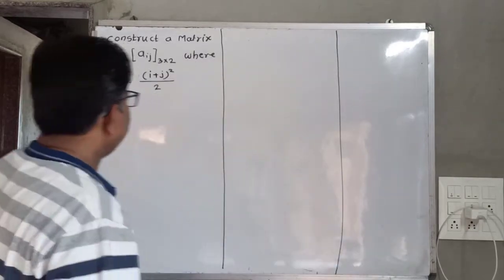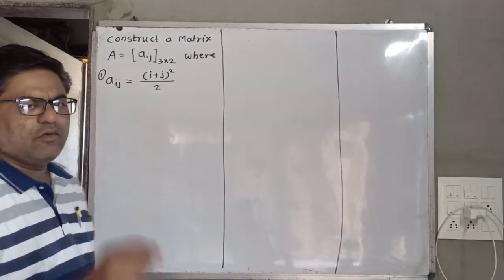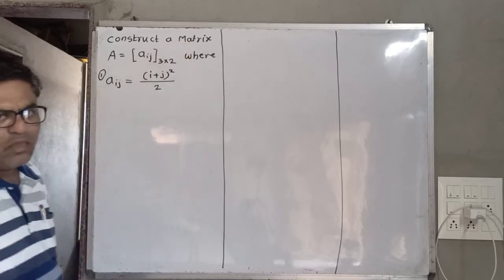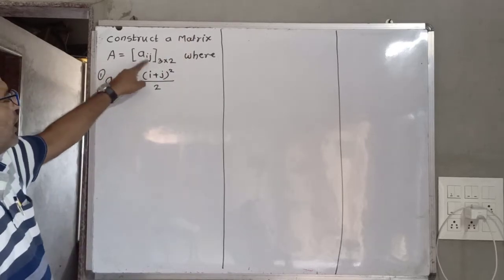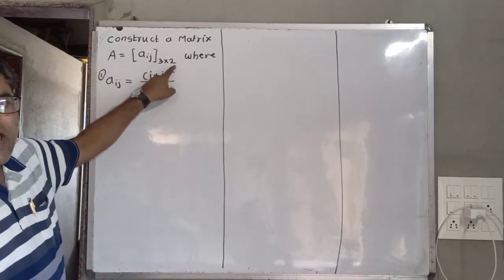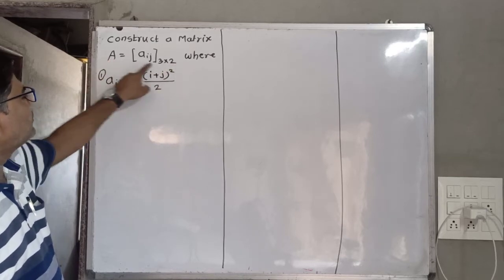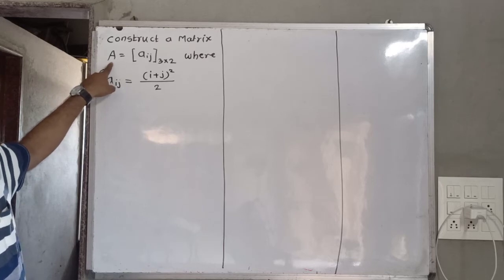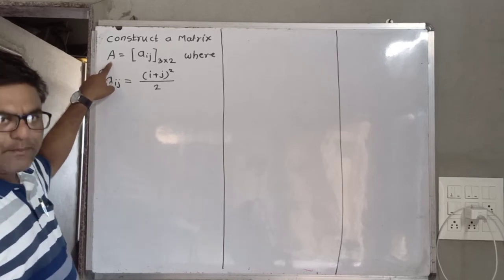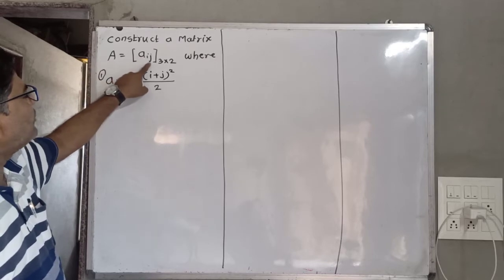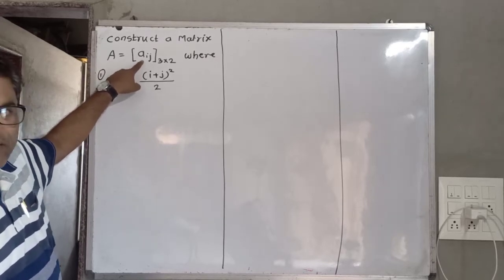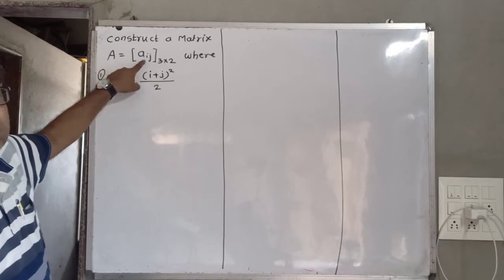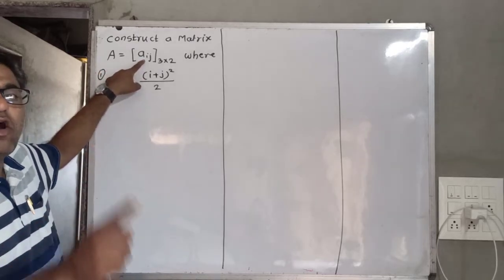The first example is to construct a matrix A equal to [aij] of order 3 by 2. I explained that this is the general form of a matrix, where A is a capital letter, since a matrix is denoted by a capital letter. A equal to aij, where aij means the elements of matrix A, and i is the position of the row.